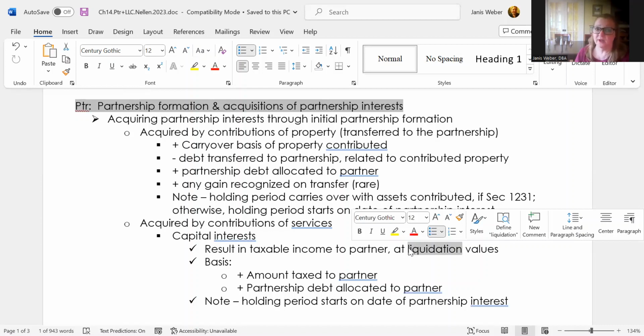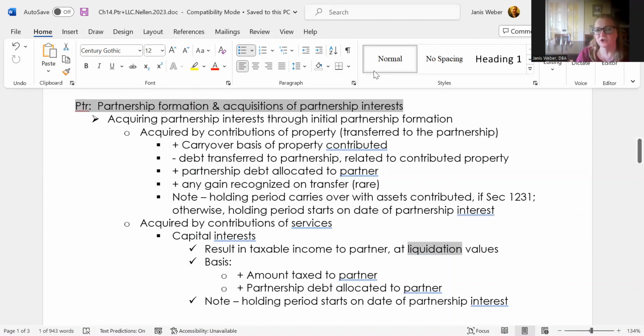Then, the same way that you did on the other one, you'd also add to your basis the amount of partnership debt that you took on or assumed. The holding period for those that contributed services to get their share starts on the day they get the partnership interest. So this is during formation of a partnership that these basis rules apply.